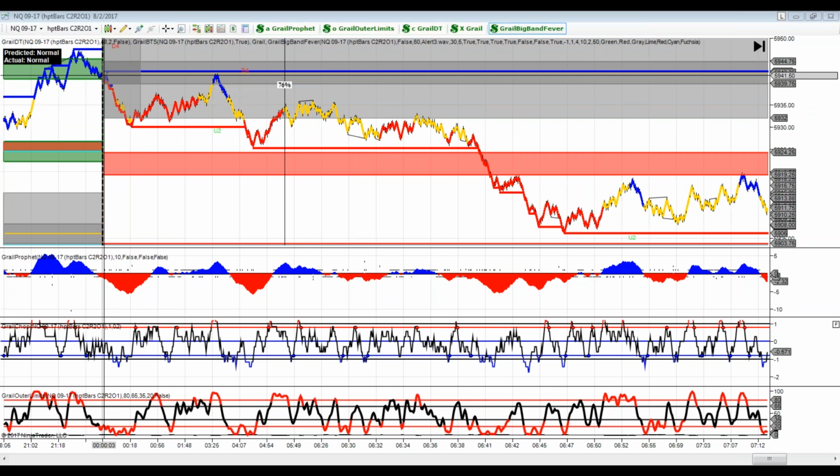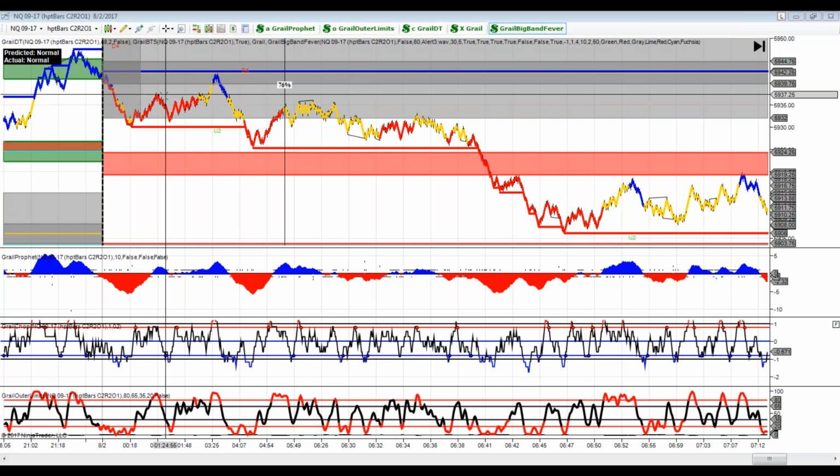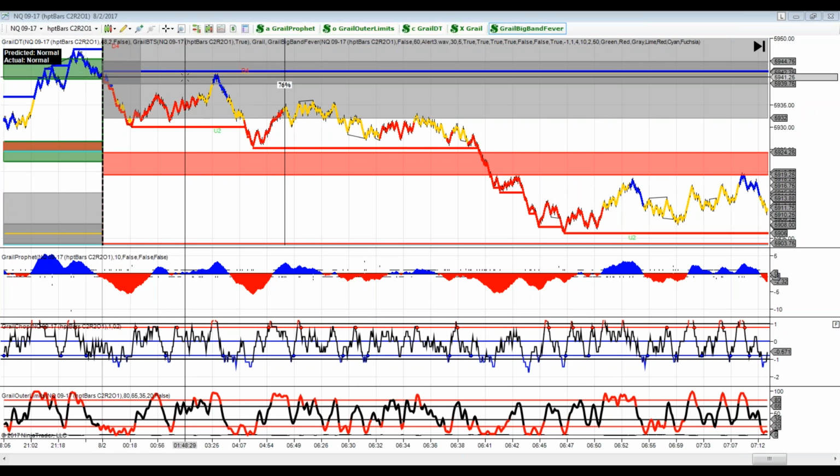You knew exactly where all the levels were for that day, because this is using not only a smart market profile, but numerous other algorithms in computing all of these bands and levels. When we first started, we had what's called the OP. That's the opening price. If I scroll to the end, you'll see what that is, because that doesn't change.